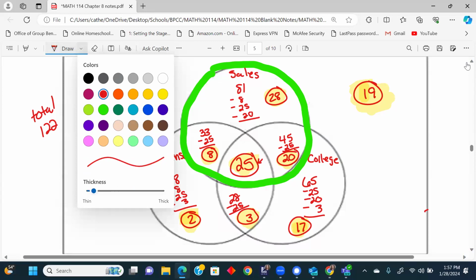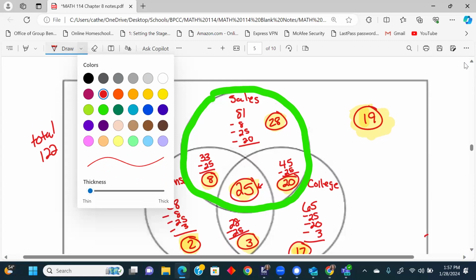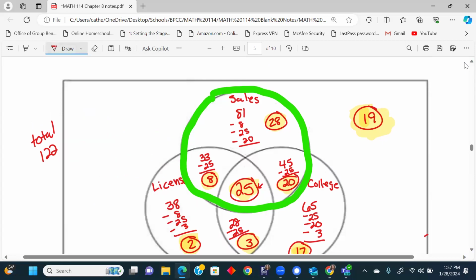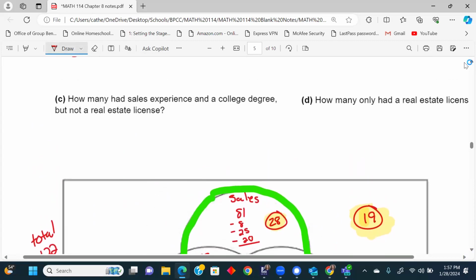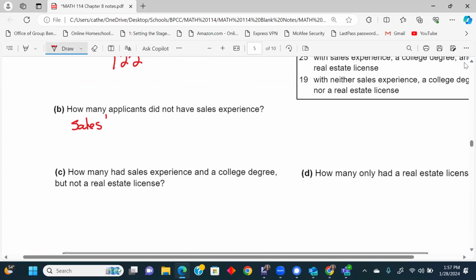Okay, so I got, again, just a little handheld calculator. Not sales was 41.